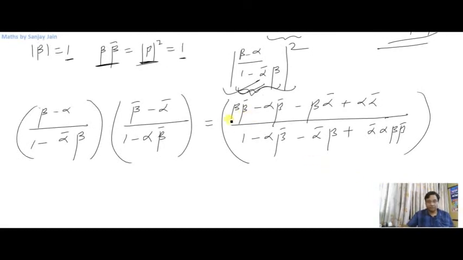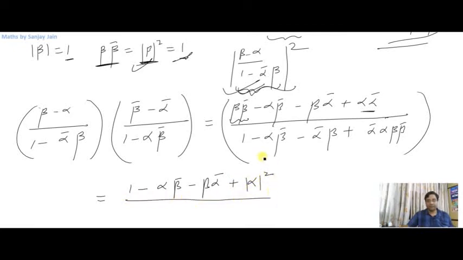Now I know beta into beta bar is mod beta squared, which is 1. So this will be 1 minus alpha beta bar minus beta alpha bar, plus alpha alpha bar, which is mod alpha squared, divided by 1 minus alpha beta bar minus beta alpha bar.